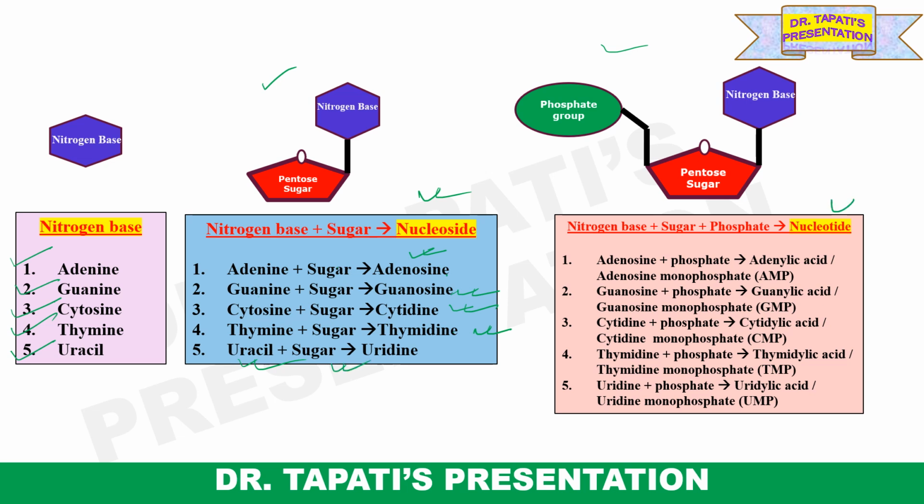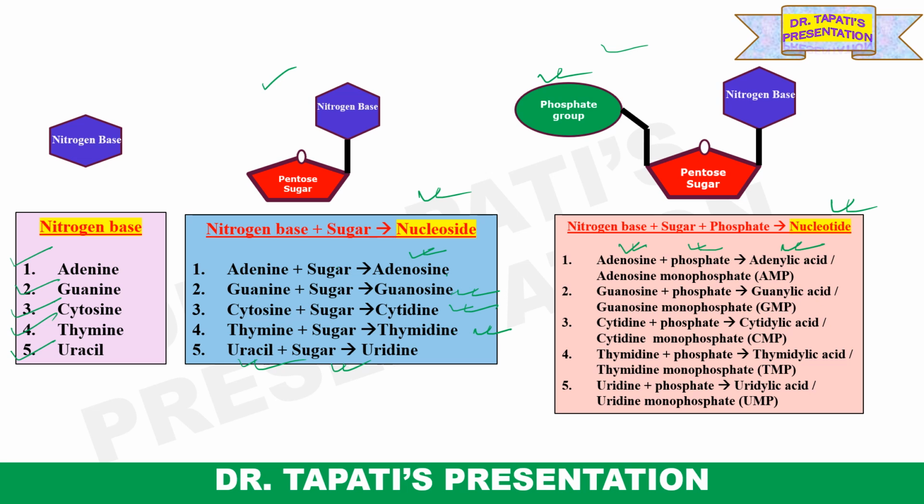And the nucleotides: adenylic acid. The nucleoside of adenylic acid is adenosine, and when adenosine is attached with one phosphate group, it is known as adenylic acid, which is a nucleotide. It is also known as adenosine monophosphate or AMP because only one phosphate group is attached.